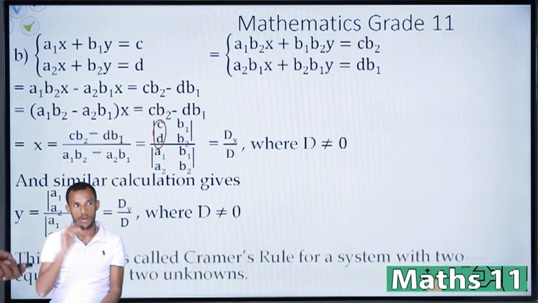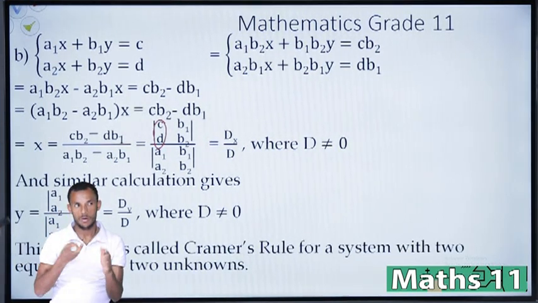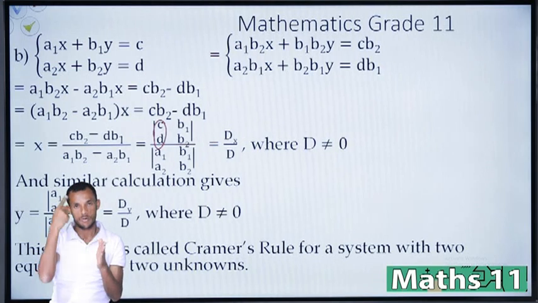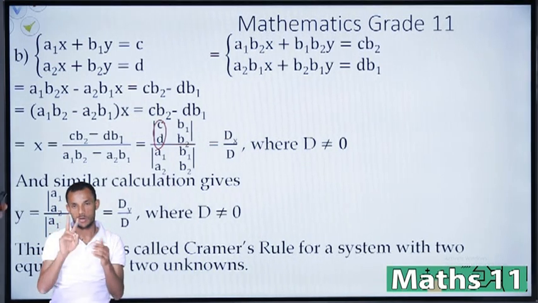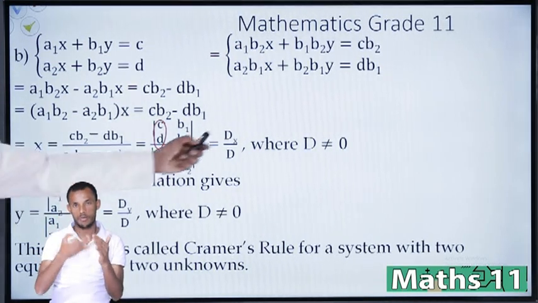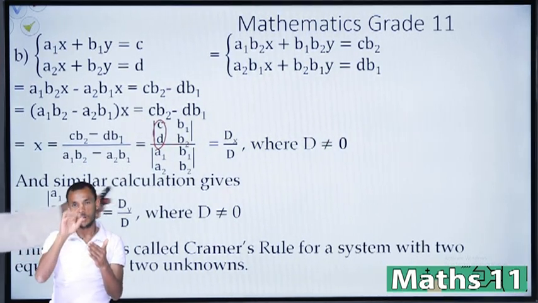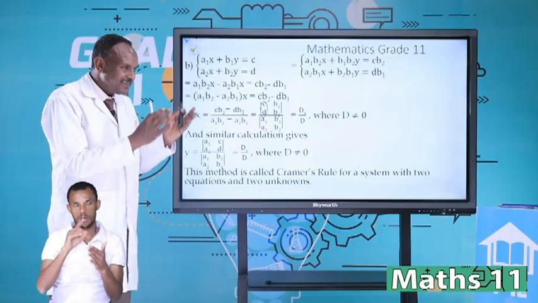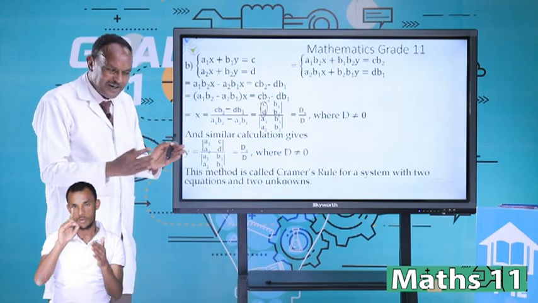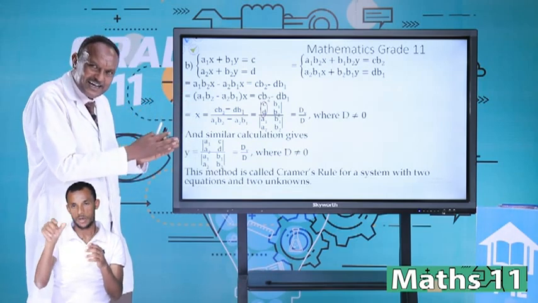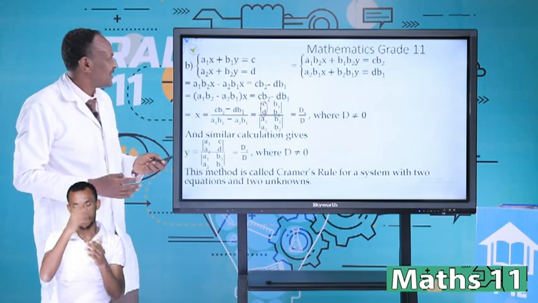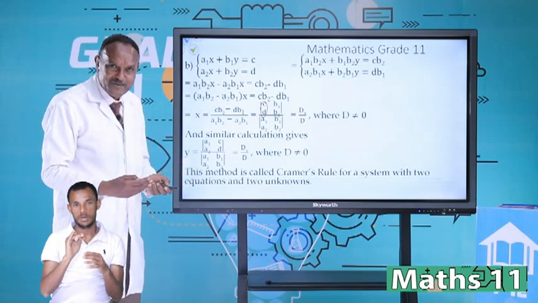This rule we call Cramer's rule for a system of two equations with two unknowns. The value of x is Dx over D. The value of y is Dy over D. What is Dy? It is the determinant of a matrix where the coefficients of x remain as they are, but the coefficients of y are replaced by the constant numbers.